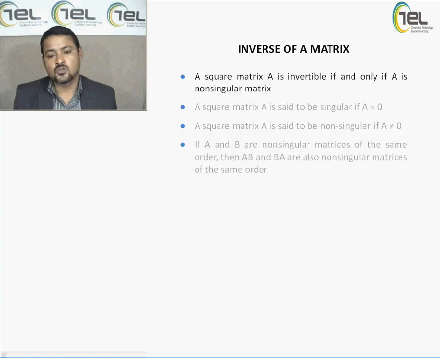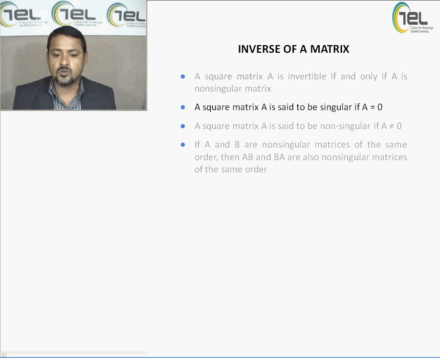Now we are coming to one of the most important topics in determinant theory, the inverse of the matrix. The inverse of the matrix will exist only if the matrix is a square matrix and the value of the determinant is not equal to 0, which means it's a non-singular matrix.